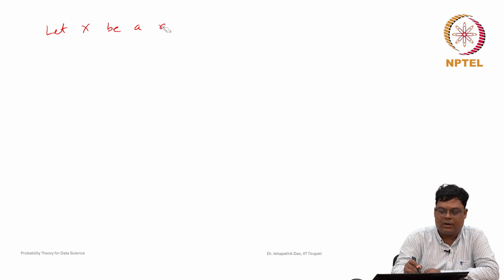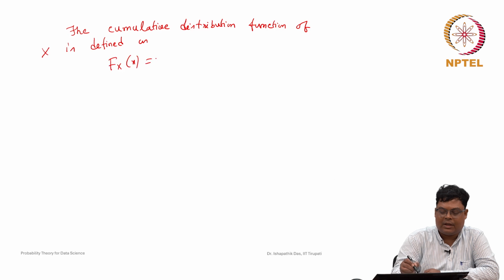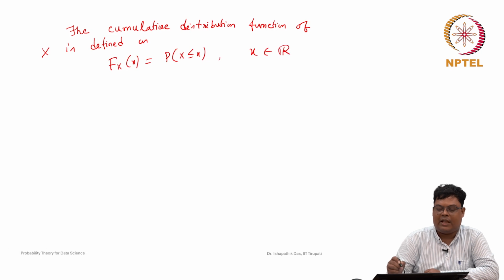Recall that the cumulative distribution function of the univariate random variable X is defined as F of x, nothing but the probability that X is less than or equal to x, for x belonging to the real numbers.